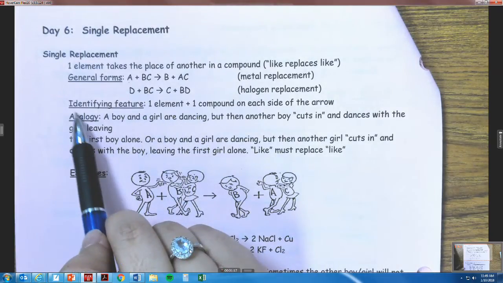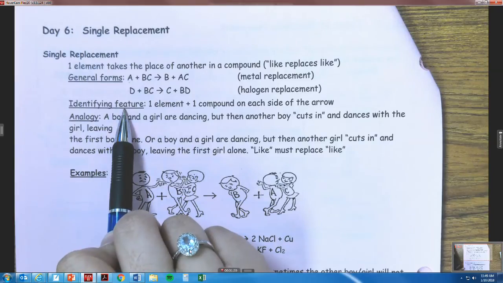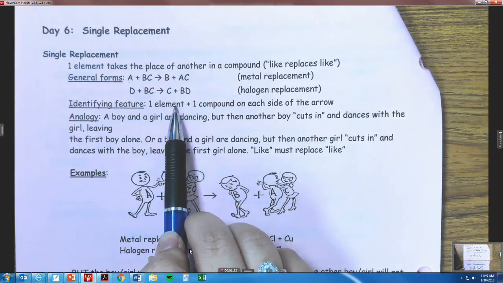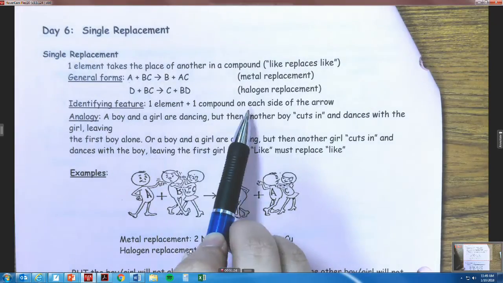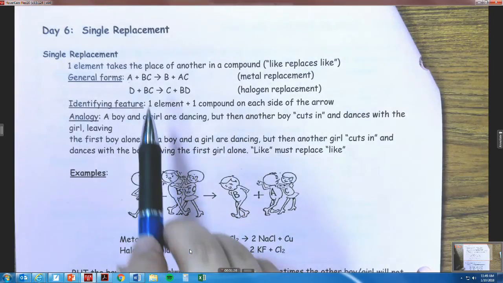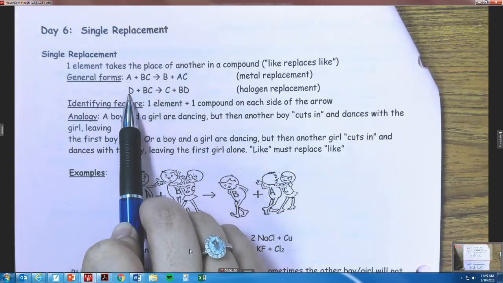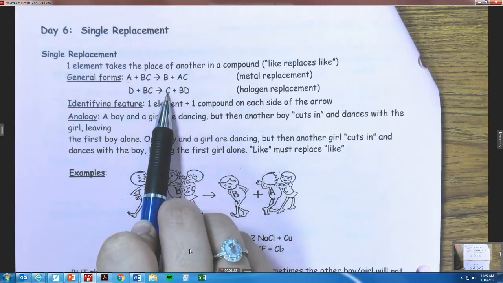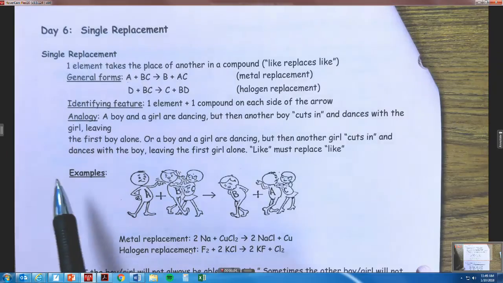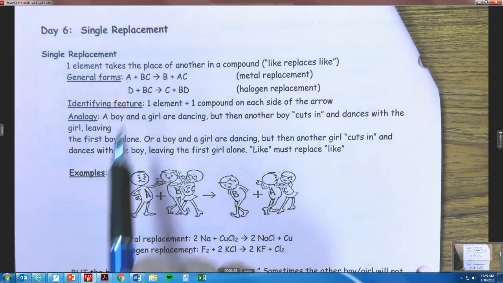Your identifying feature for a single replacement reaction is that you will always have one element and one compound on each side of the arrow. Notice in our general form, we have one element, one compound, one element, one compound on either side of your equation.